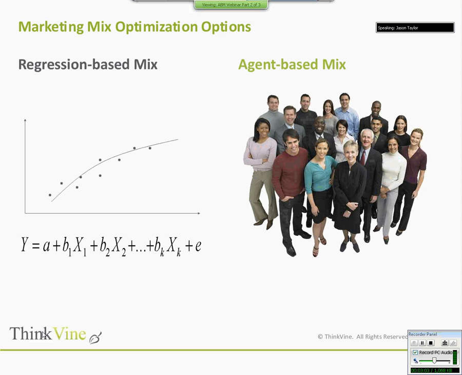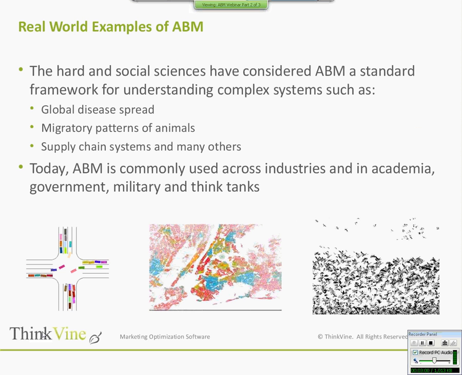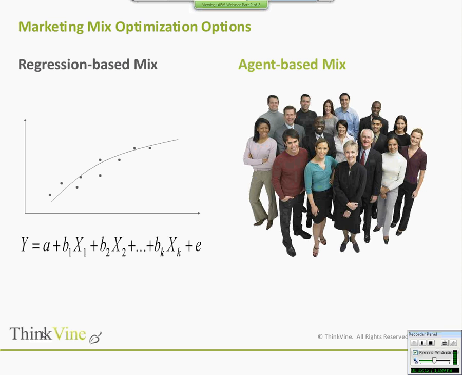The idea is that rather than having some equation to explain the data that you see, you start with, in our case, consumers, to explain why people behave in a particular category as they do, to give rise to those aggregate sales numbers that you see.